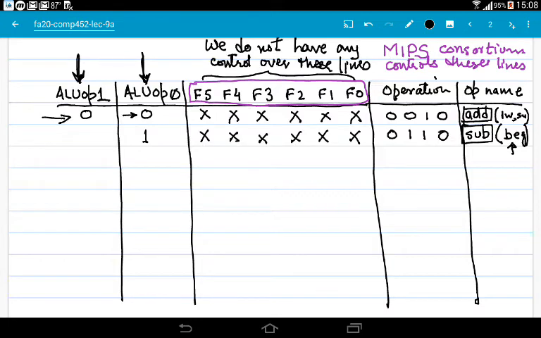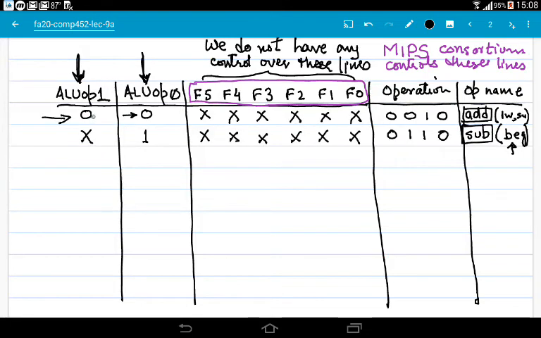But we didn't do that because your book is doing it this way. So we make this X, do not care. If the ALU op 0 bit is 0, then we look at the ALU op 1 bit.